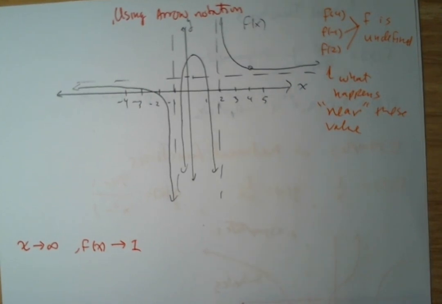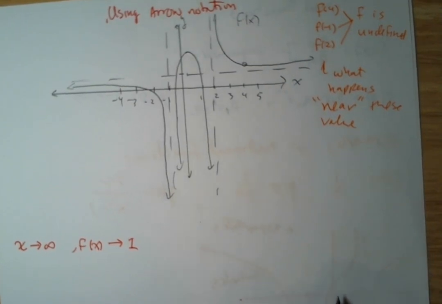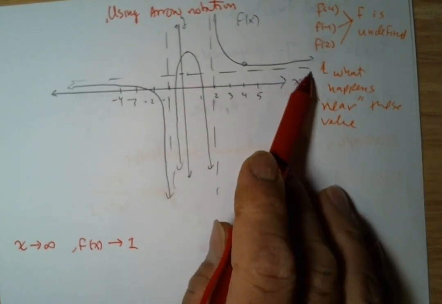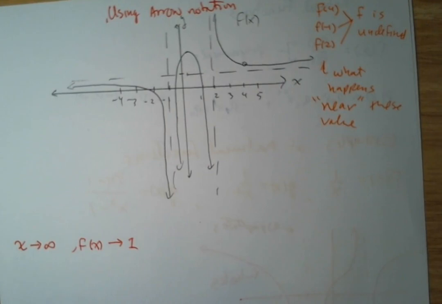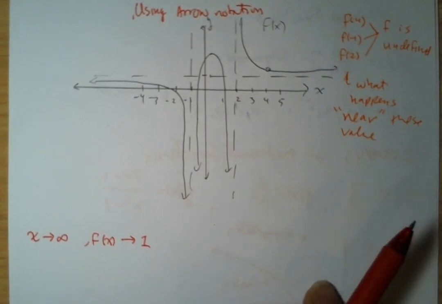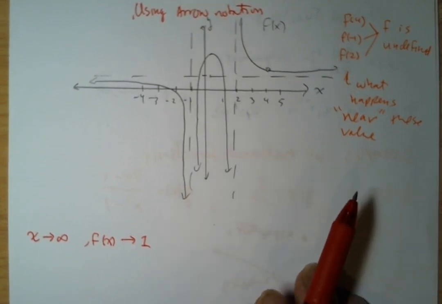Not that it equals 1. In some cases, it might cross this horizontal asymptote, but here, as we get further and further, it's really, really close. How close? We won't put any formal language to that; we'll just say it gets really close.